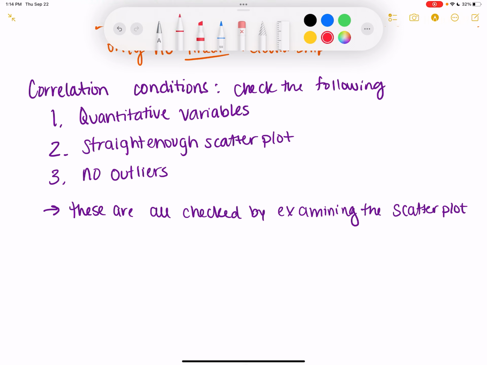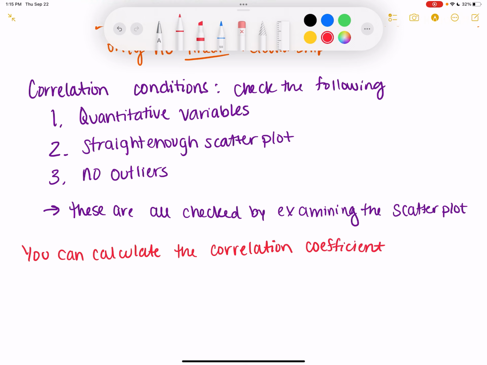So you can calculate the correlation coefficient for a set of data using the linreg command on the calculator.